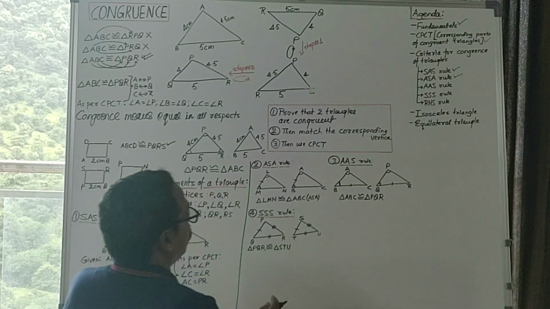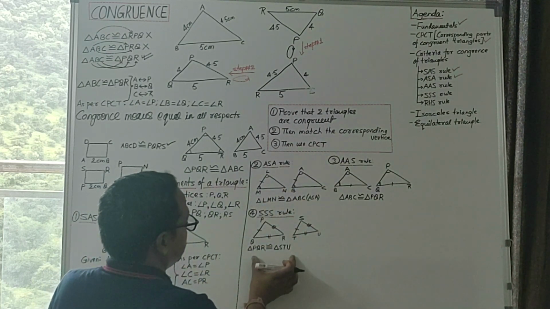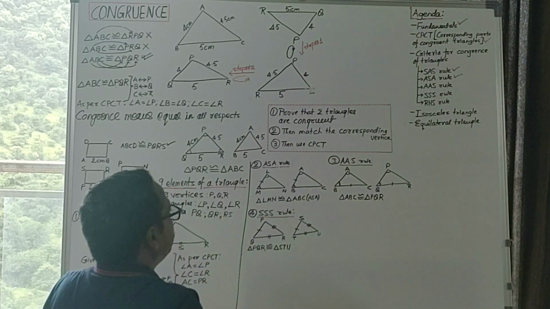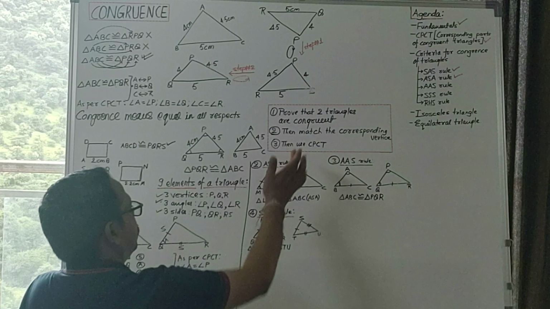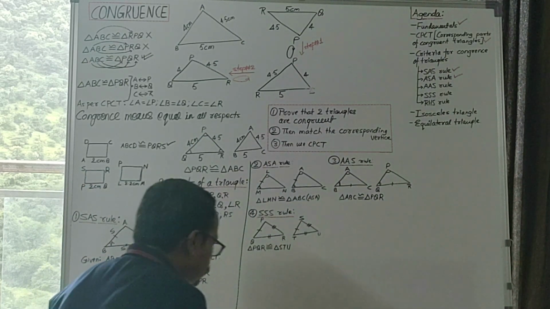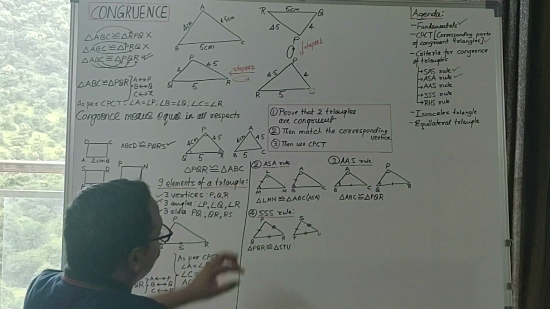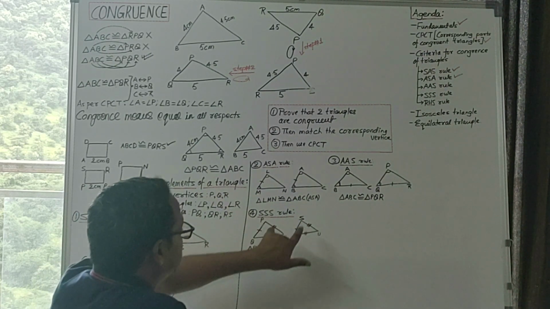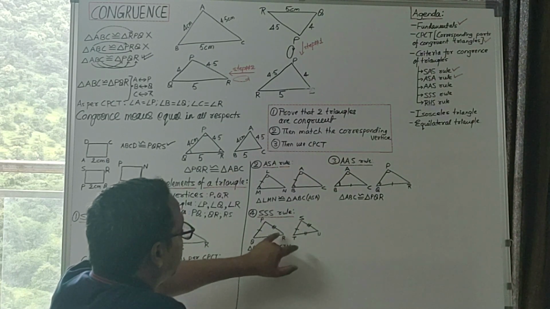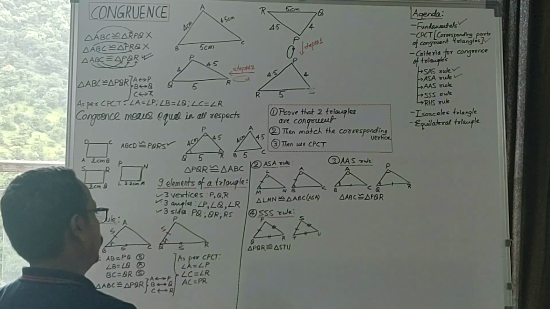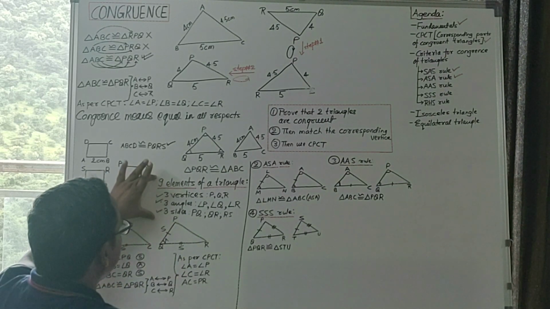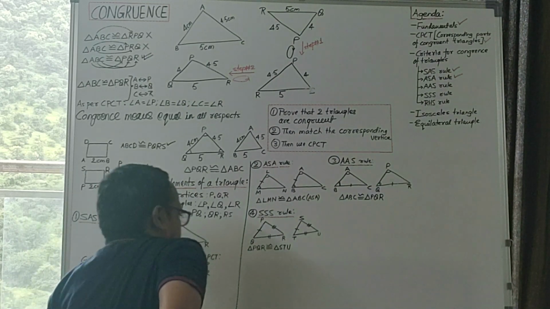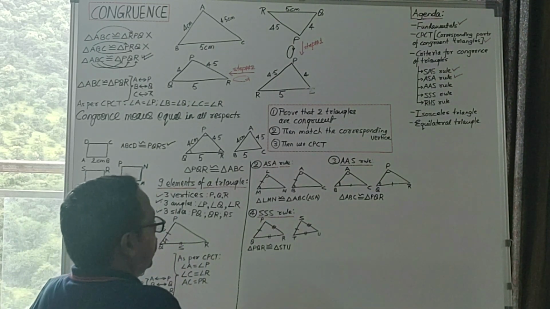After that, we match the corresponding vertices: P matches with S, Q with T, R with U. Then we use CPCT to prove the congruence of other corresponding parts. For example, angle P is equal to angle S, Q is equal to T, angle R is equal to angle U. As there are 9 elements of a triangle, these are corresponding parts.